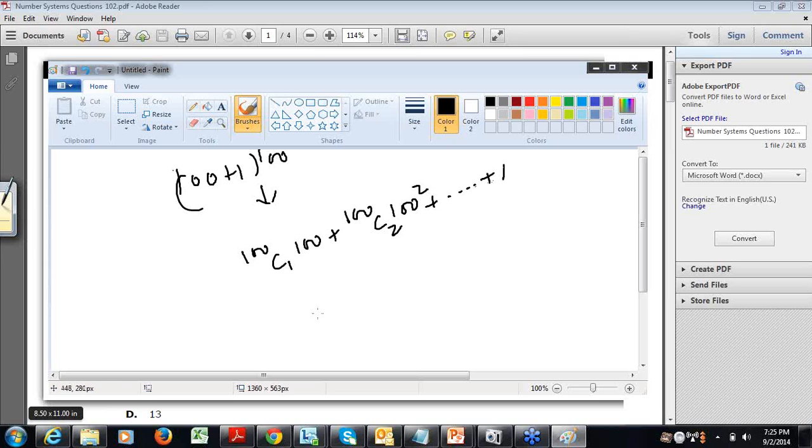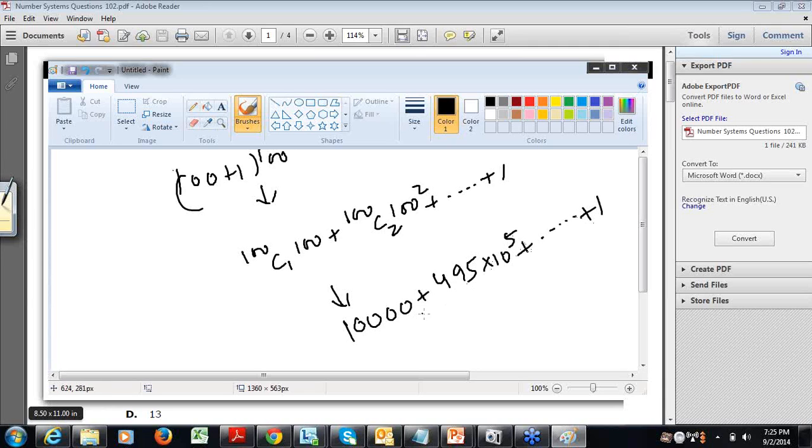Now if you simplify it, the first term will become 10,000. The second will become 4950 into 10 to the power 4 plus something plus 1.